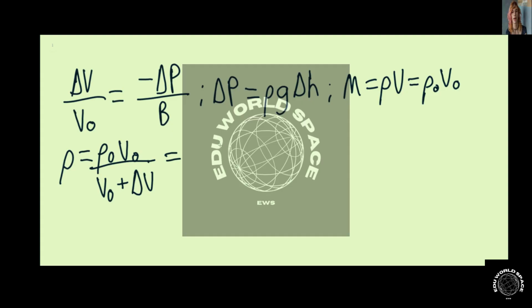This is going to be equal to the density at the surface times the volume at the surface divided by the volume at the surface plus negative volume at the surface times the change in pressure divided by the bulk modulus.